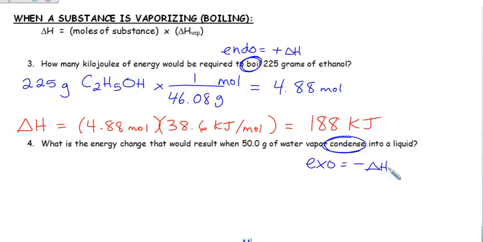So kind of like what we said for heat of fusion, for condensation, we're just going to use the opposite of the heat of vaporization.